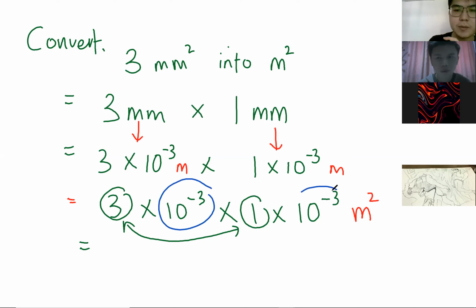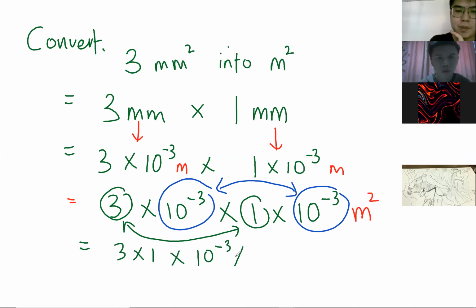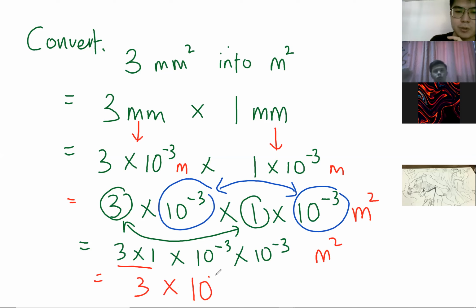So it's 3 times 1, and then 10 to the power of negative 3 times 10 to the power of negative 3 m squared. This becomes 3, and negative 3 plus negative 3 gives you minus 6. m squared, final answer.